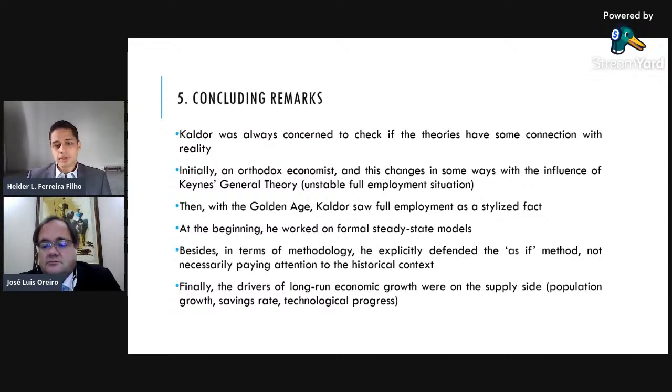At the beginning of his career, he worked with formal models. Besides, in terms of methodology, he explicitly defended the as-if method, not necessarily paying attention to the historical context, like the members of ECLAC, for instance. Finally, the drivers of long-run economic growth, for him, were on the supply side, and not on the demand side or other things.